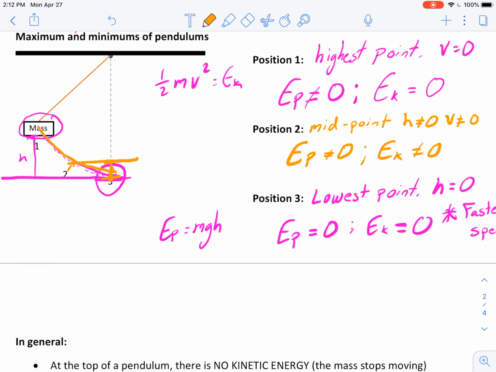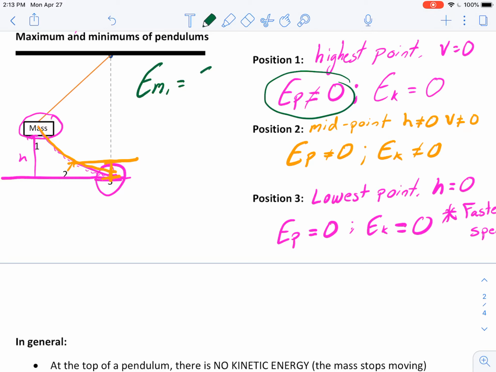So your mechanical energy is made up of both parts. So I'll write our mechanical energies over here, in green. So EM1 is made up entirely of potential energy. Position 2 is made up of both.